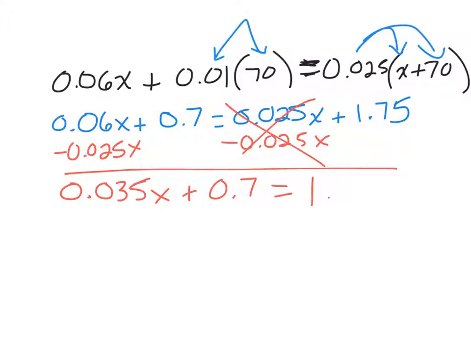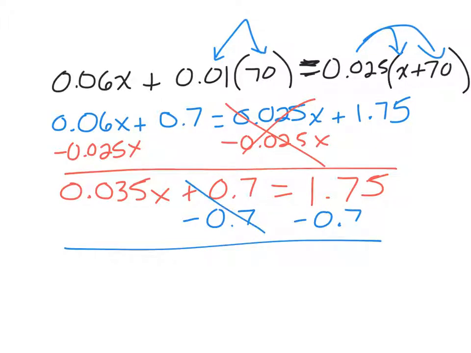And then on the right side, we just have the 1.75. Just as we normally do in solving for x, I want to get rid of whatever's being added to or subtracted from the x. I'm going to subtract, because it's the opposite, the 0.7, canceling that out on the left, leaving me with 0.035x is equal to 1.05.